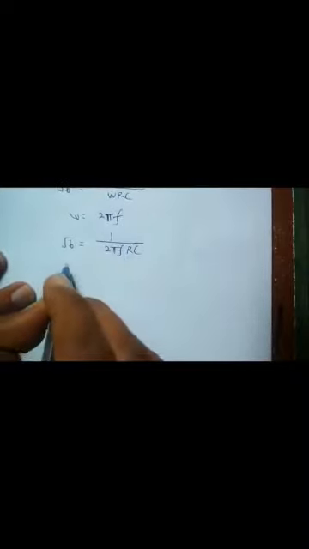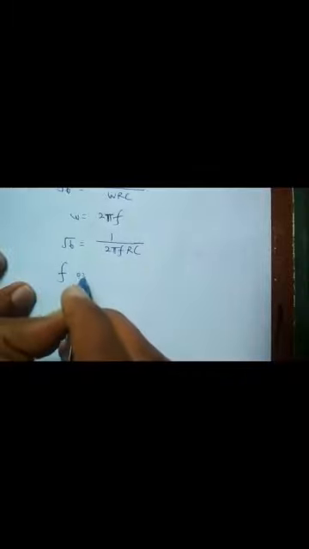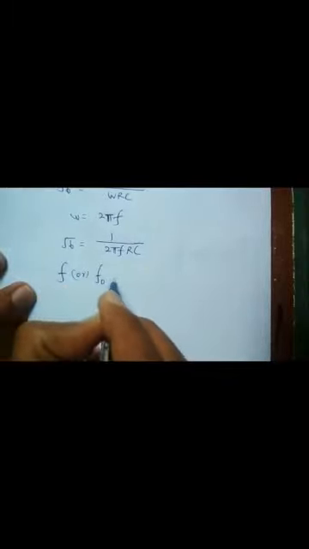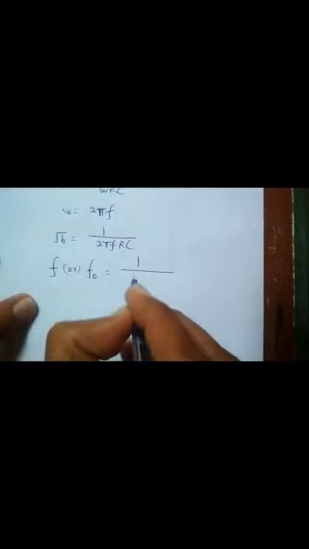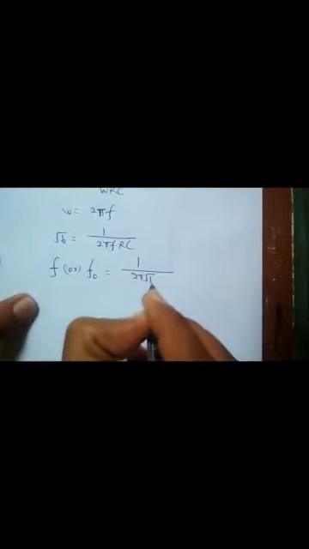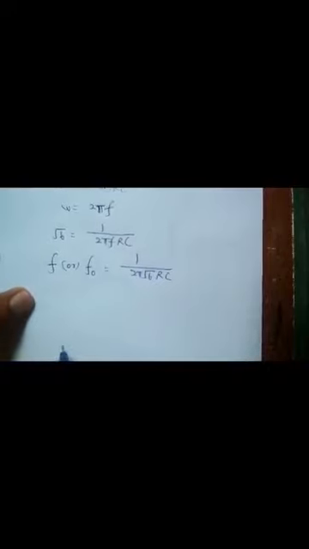Then this f will be the frequency of oscillation. So f oscillation will be equal to 1 by 2 pi root 6 into RC.